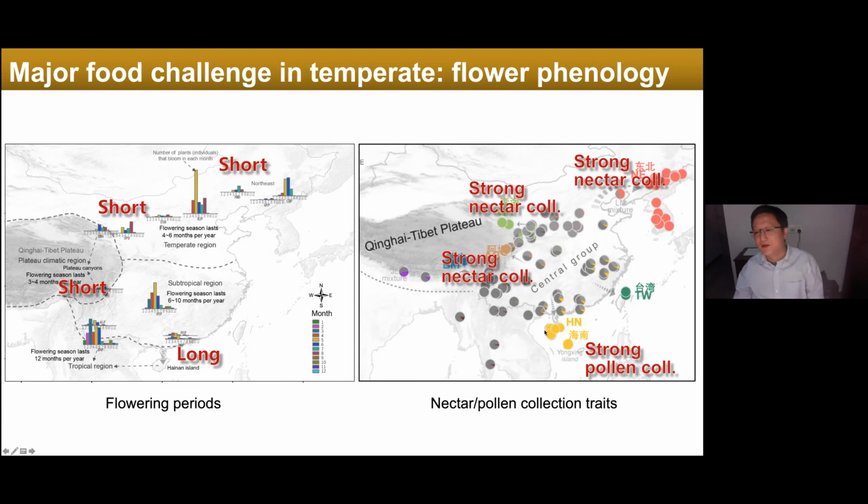If you look at these bright yellow dots here, these are actually the only tropical subspecies of the mainland Apis cerana, the Hainan subspecies, and these guys were known to have very small colonies and weak ability to collect nectar, but a very strong ability to collect pollen.